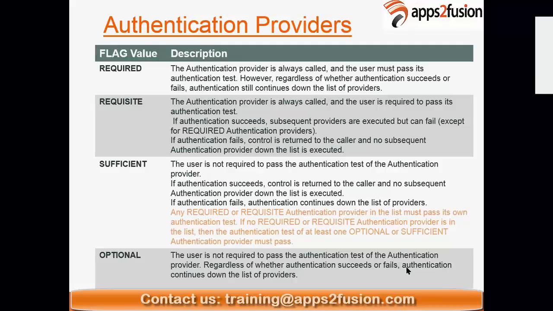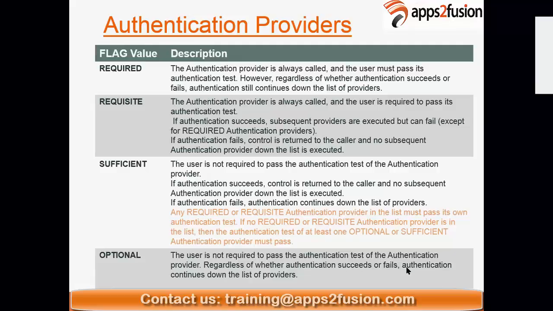Required and requisite authentication providers must pass their own authentication test. If no required or requisite authentication provider is in the list, then the authentication test of at least one optional or sufficient must pass. So if the user is passing credentials and I have at least one required in my list, that needs to succeed.